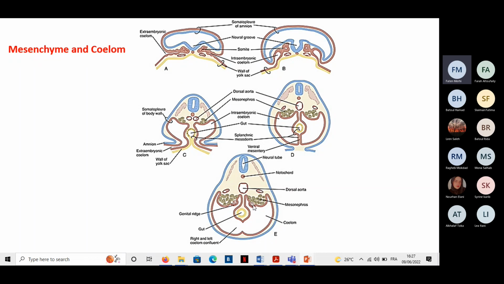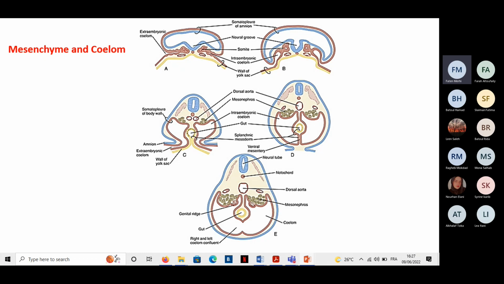What does ridge mean? Do you know what ridge means? It's like an outgrowth, meaning a swelling. Like with a tumor, for example, it grows and swells.